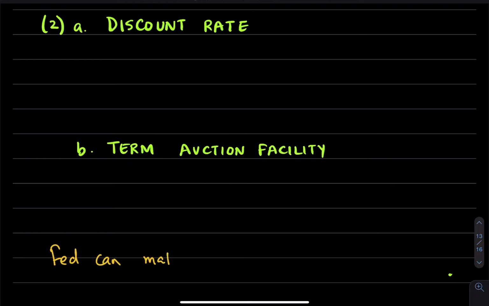This is the most infrequently used tool of monetary policy, but it's still effective. The Fed can make loans to banks, increasing their reserves.